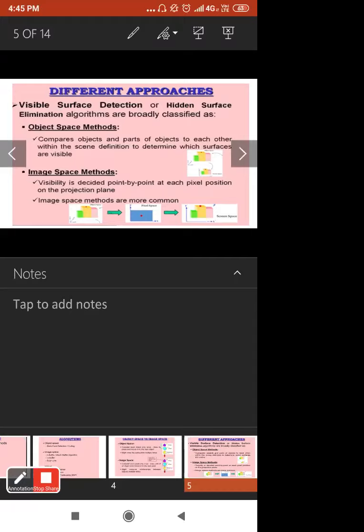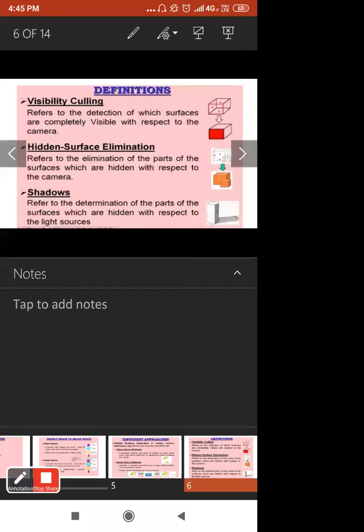Means we are going to consider which coordinate or pixel or vertices of a particular object are visible or not. On a minute scale we are doing this comparison. The image space methods are more common than the object space methods.